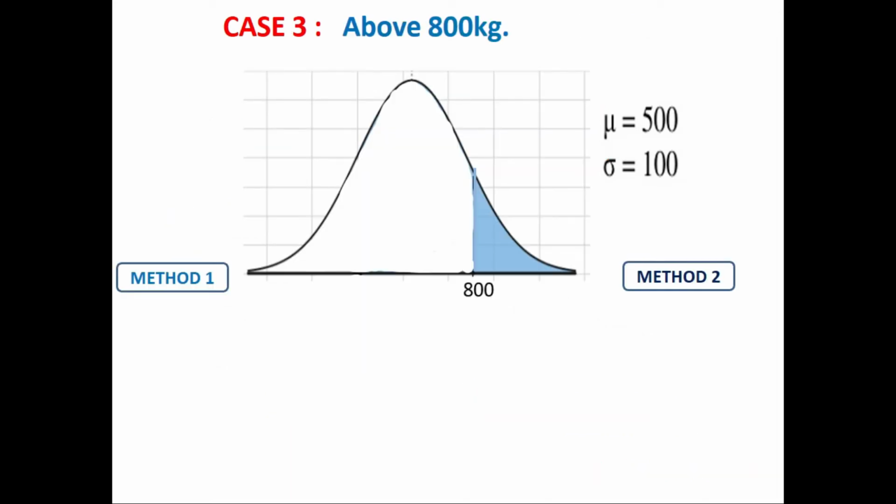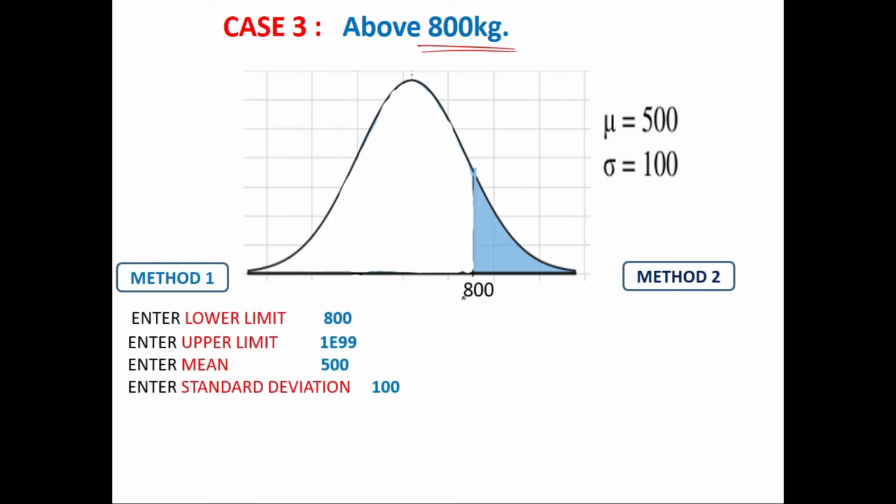Now here in case 3 you're dealing with a region above 800. You can find the value using two methods. I'll be explaining method 1 first. For this region, in method 1, we take the lower limit as 800 and the upper limit as 1E99. Remember, this is a positive value. Earlier we had taken negative 1E99, so make sure you don't get confused.